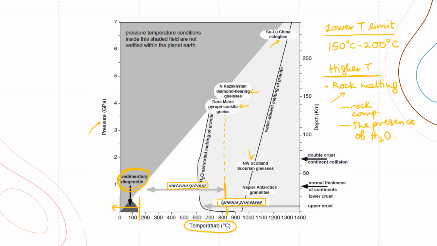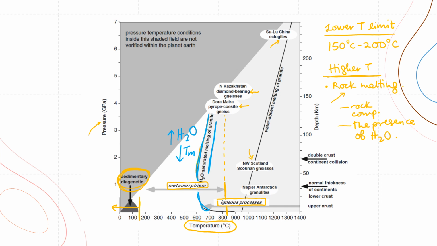Okay, so we can see here that this particular curve emphasizes that this is a water saturated melting of granite. So this one has lots of water, therefore a lower melting temperature.